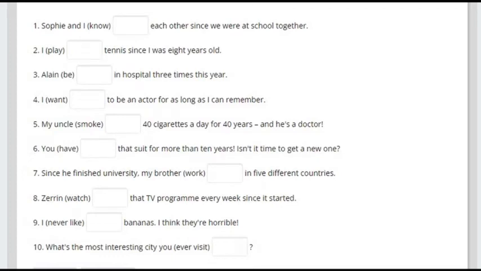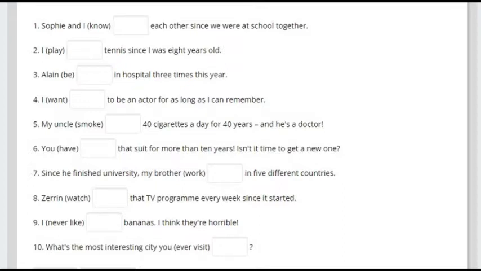Let's do some exercises. So, you need to complete the sentences with the present perfect of the verbs in brackets. Remember that the adverbs ever and never go after have or has and before the past participle. Let's do the first sentence together.